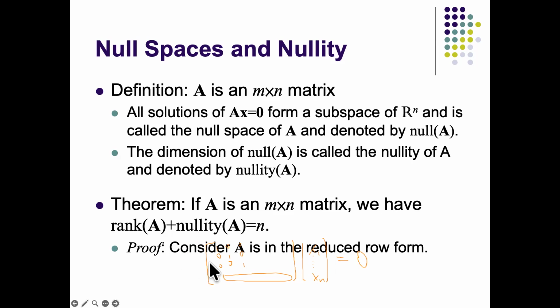I previously told you that the number of the rows with leading ones will be the dimension of your row space, or put another way, the rank A, right?